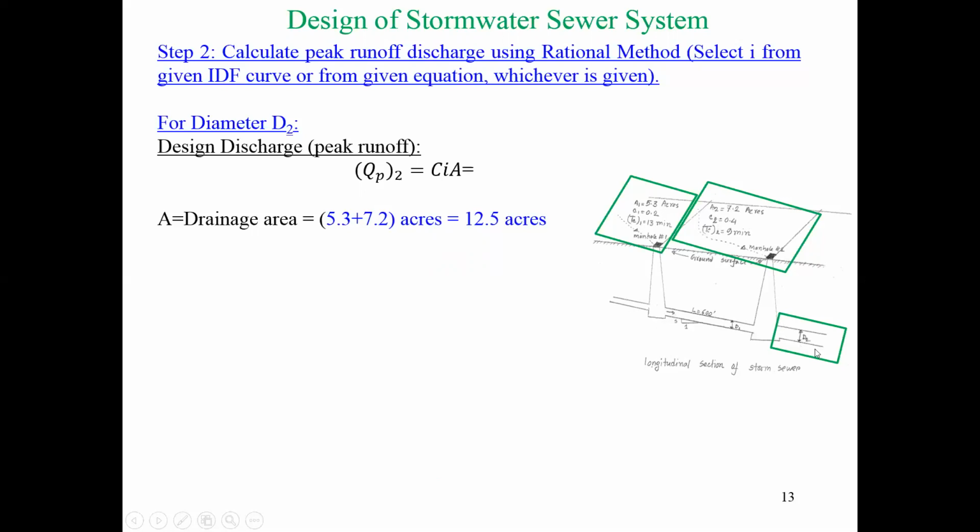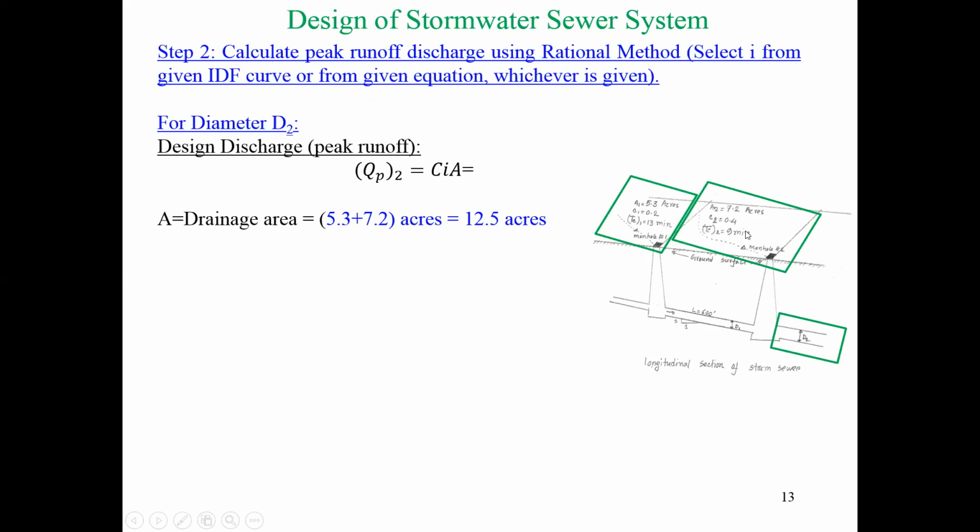So basically D2 is getting flow from area 1 and area 2. Area 2 is the flow here, and for area 1 the flow is coming this way. So the drainage area is 12.5 acres. And if you remember, if we have more than one area, we have to calculate the combined C, or weighted average C.